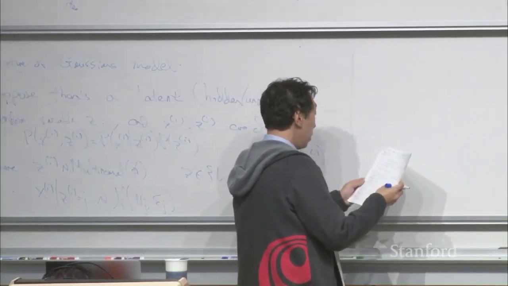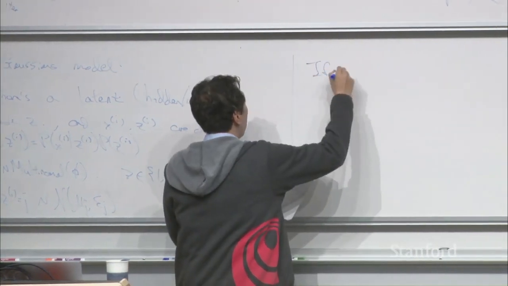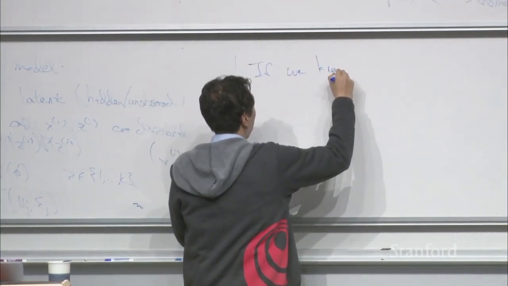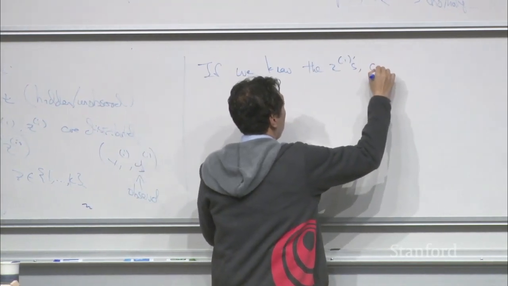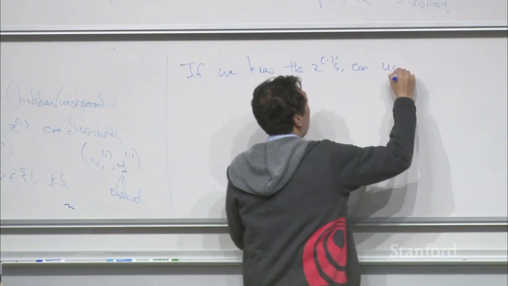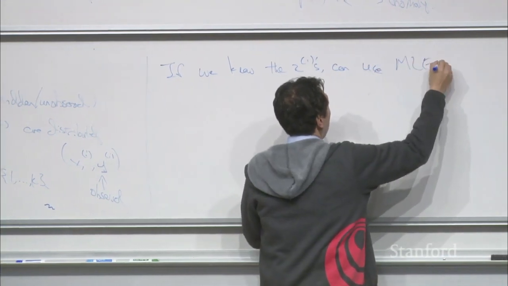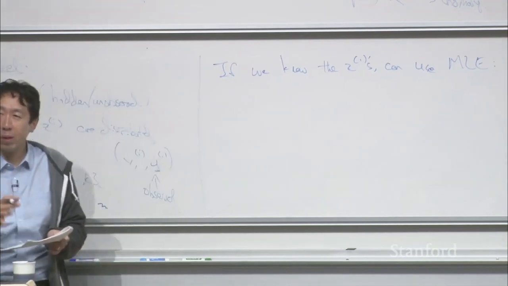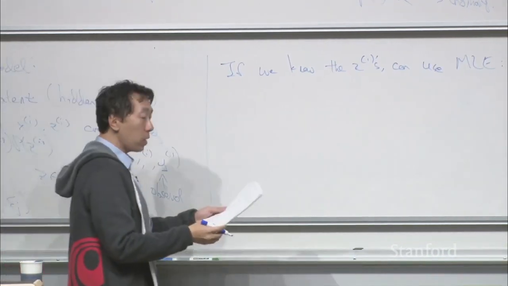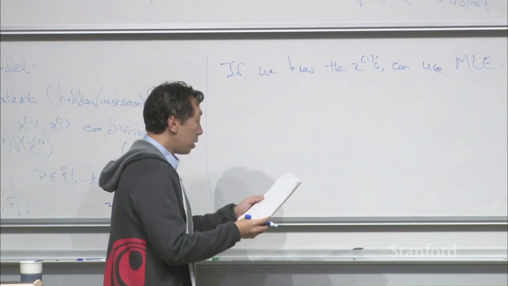All right. So if we knew the z_i's, right, then we can use maximum likelihood estimation. So if only we knew the value of the z_i's, which we don't, but if only we did, then we could use maximum likelihood estimation, or MLE, to estimate everything.